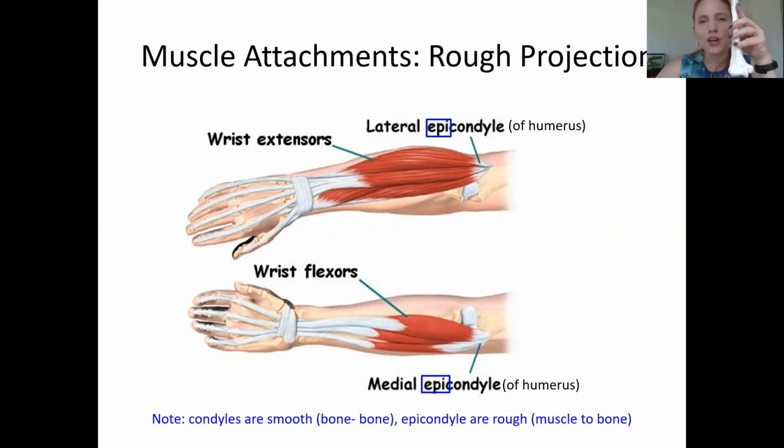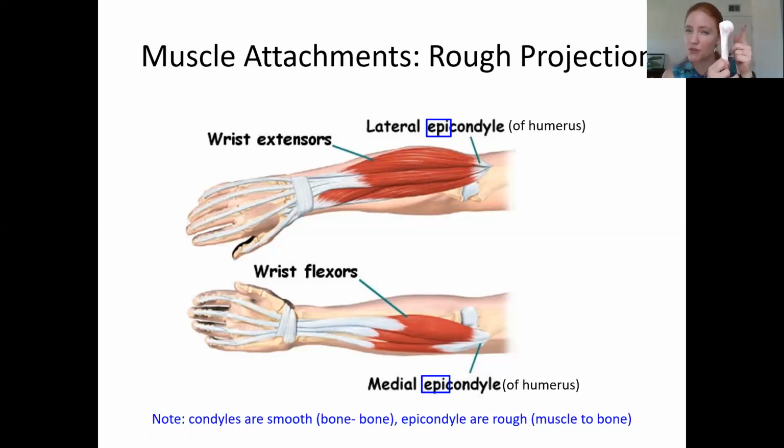So the key to learning the epicondyles of the humerus is to make sure you're really clear on what side is medial and what side is lateral. If I just showed you a close-up of it, it would be a little bit trickier to figure out. But if I backed up and showed you the whole bone, remember that the head is medial, right?